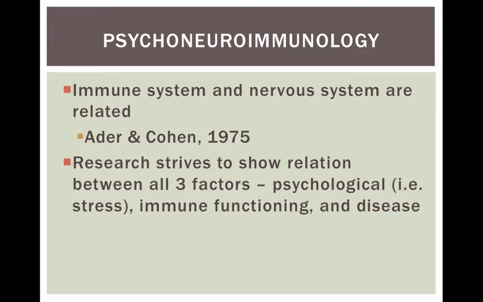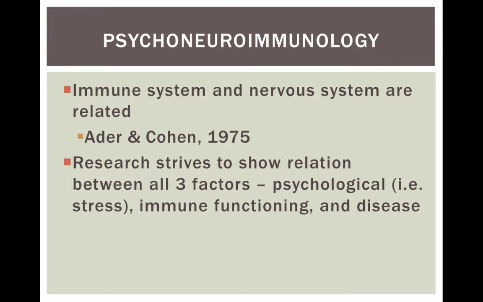So what they did was they took rats and they classically conditioned them. They paired a conditioned stimulus and an unconditioned stimulus. For the unconditioned stimulus, they used an immunosuppressant drug. They injected the rats with something that actually suppressed their immune system, so it lowered the functioning of their immune system.